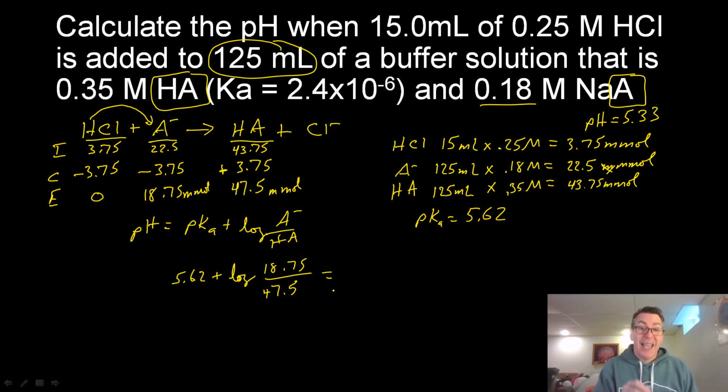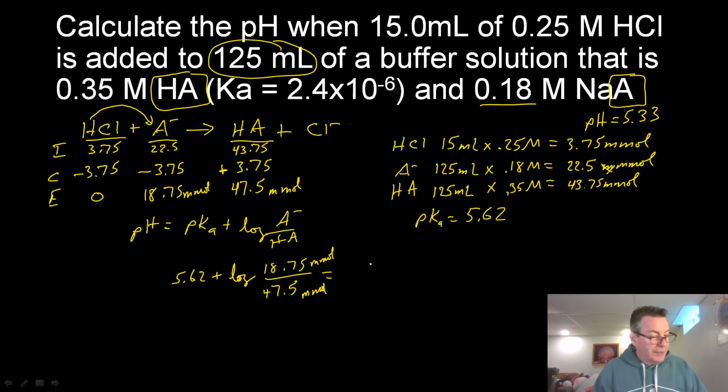You would just divide the 18.75 and 47.5 by the total volume. But it's not necessary when you're dealing with a buffer solution, since, as we talked about earlier, a buffer ultimately depends on the mole or millimole ratio of A minus to HA, and that's what we've got here. As long as they're both in millimoles, you're good to go. That unit will cancel out.